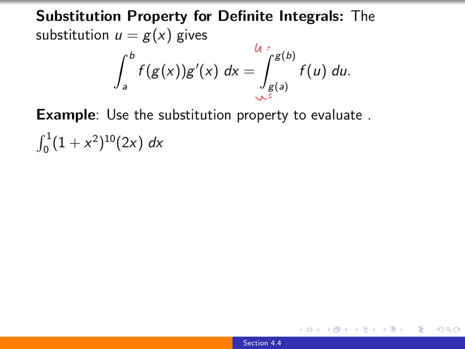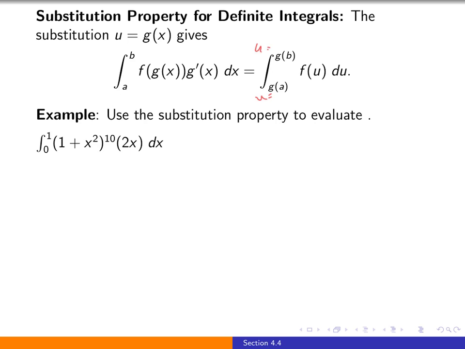So let's see how we would use this in an example. Looking at the definite integral given, we see this function derivative pair, the g of x, g prime of x, which is a good indication to think about a substitution. So you have the 1 plus x squared as an inside function, 2x its derivative outside of it.